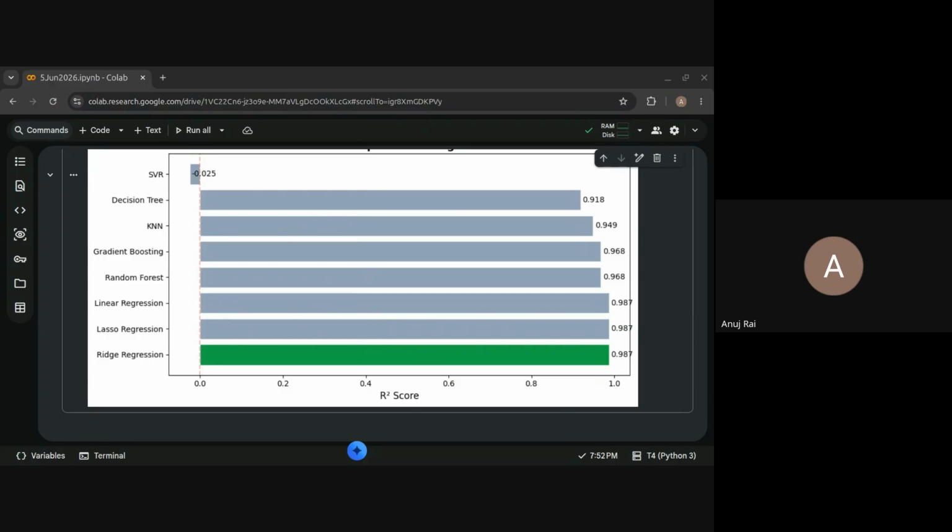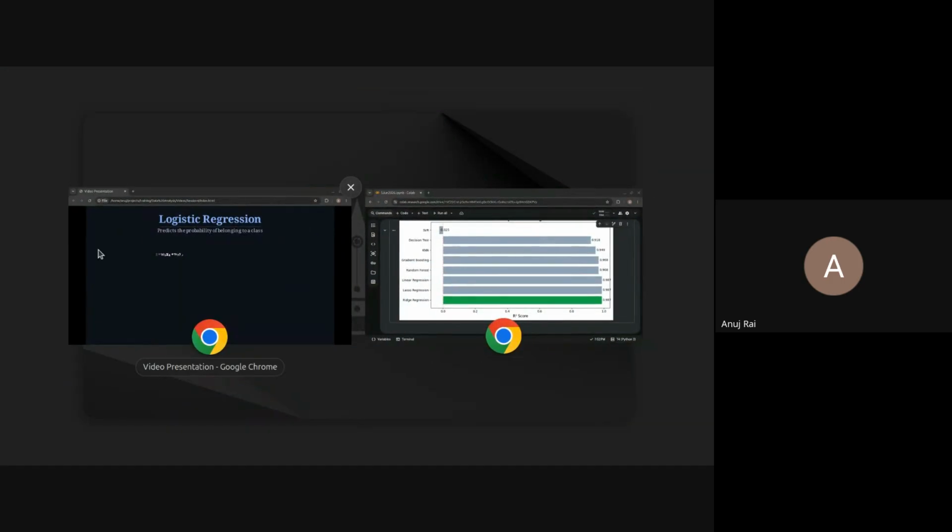Despite its name, regression, it is a classification algorithm. Logistic regression is one of the common classification algorithms, and it predicts the probability that an observation belongs to a class. And then it classifies based on a particular threshold. So let's visualize what exactly we are talking about with logistic regression.